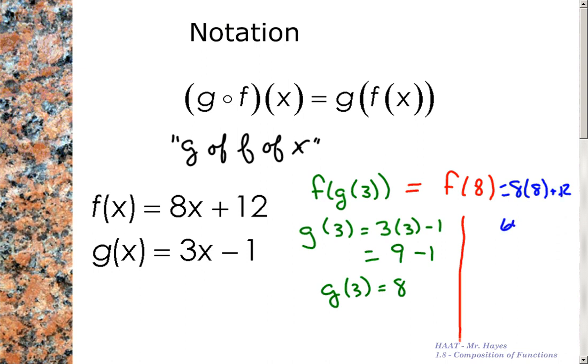So you get 64 plus 12, and f of 8 is really equal to 76, which means that f of g of 3 is equal to 76. So you're running through one process and then running through another.